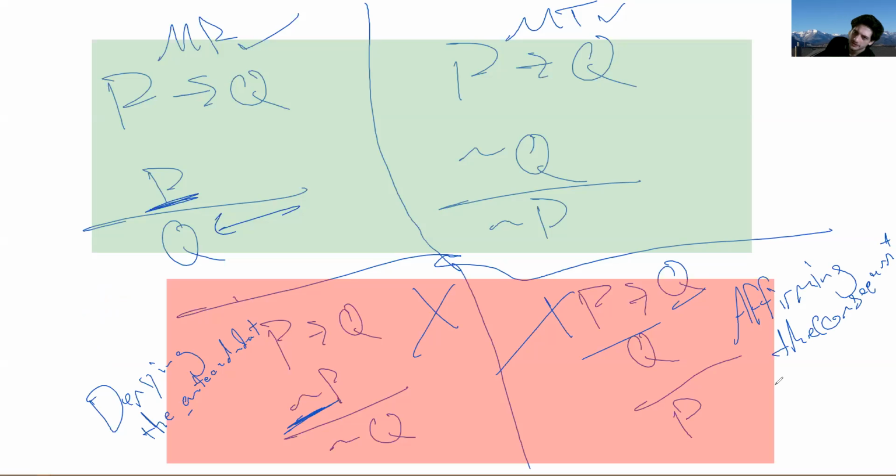We don't really spend too much time on fallacies in this class because we're more interested in identifying valid arguments and building the intuition on how to construct and how to think about valid arguments, which of course is about distinguishing them from invalid arguments.